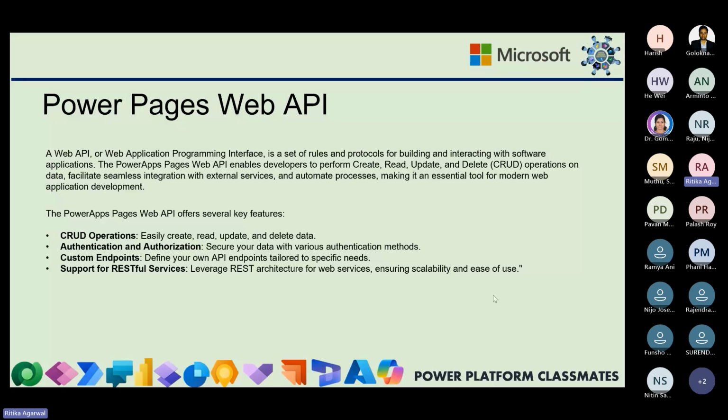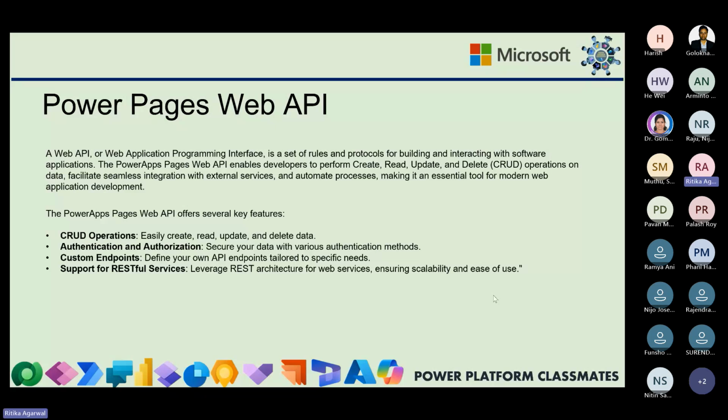So we have controls, but when it comes to design, at times those controls are not what your client requires. In those cases, we use Power Pages Web API with the help of HTML, CSS, and JavaScript to bring out the data from your database.